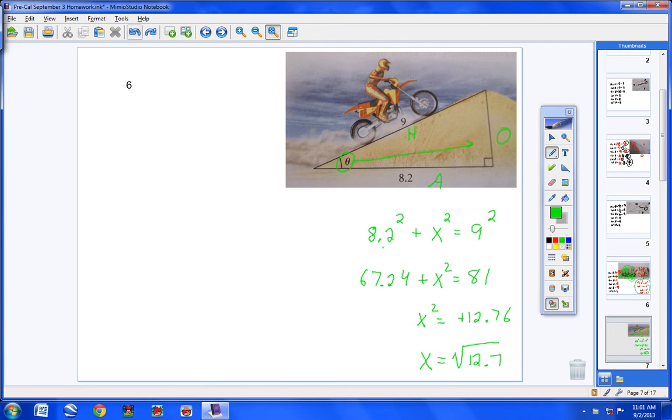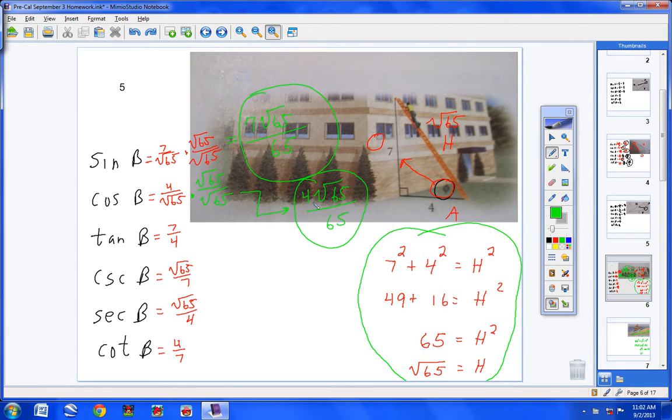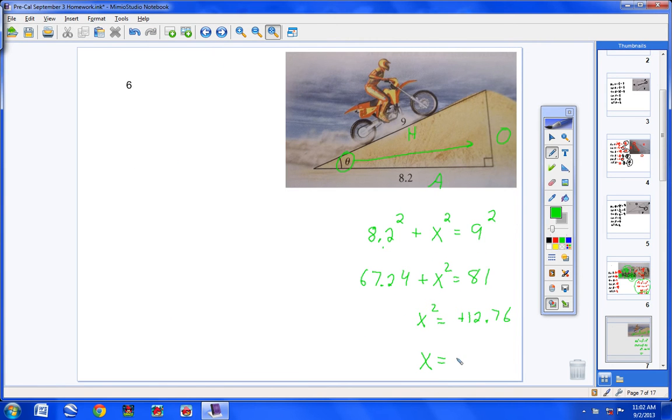Like in the last problem we did, let me go back a page. We had the square root of 65 right here. Okay, that's fine, we'll leave it square root. But in this problem, the square root of 12.76, I am just going to make that a decimal. And so I'm going to round to 3.57. Okay? So this side here is 3.57.